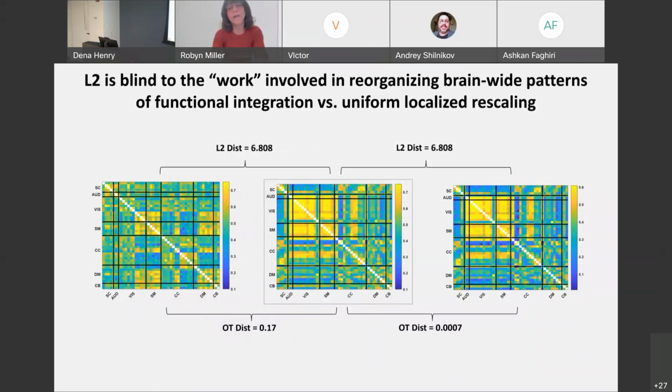So you take an observation such as the one in the middle, okay? And you can see that from a functional perspective, the observation on the left required highly globalized reorganization of function, like it's functionally integrated in a totally different way.